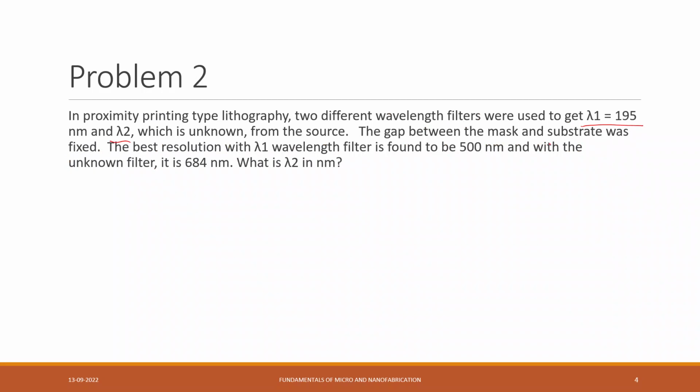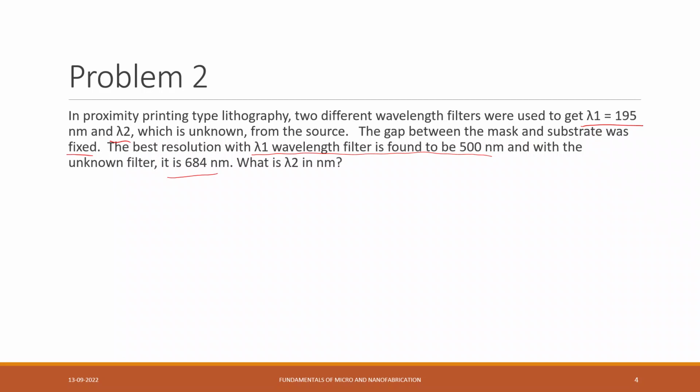The gap between the mask and substrate was fixed. The best resolution found with lambda 1 is 500 nanometer, and with lambda 2 it is 684 nanometer. You have to tell the value of lambda 2 in nanometer.